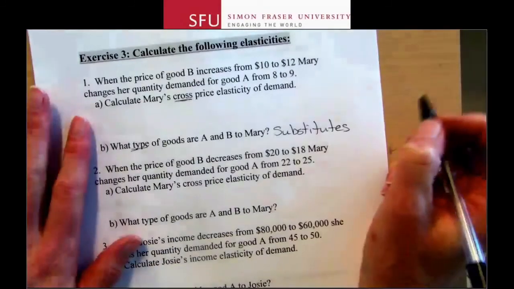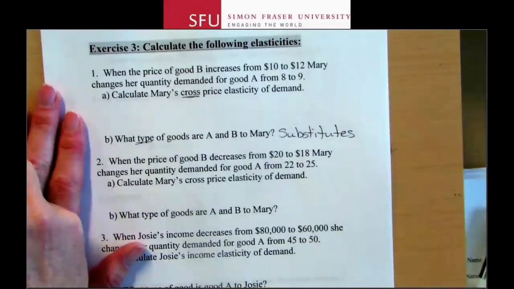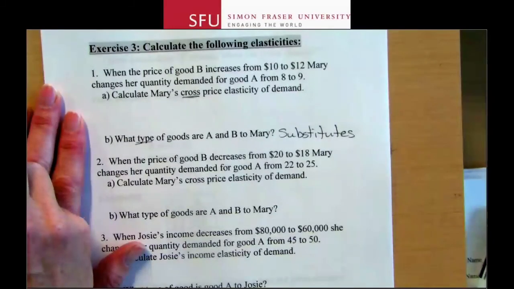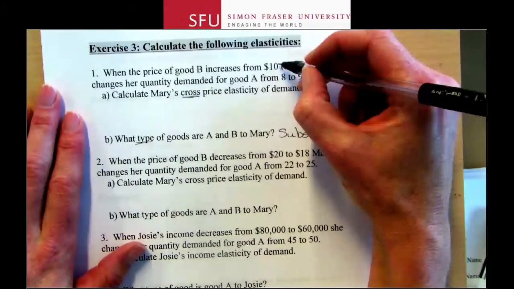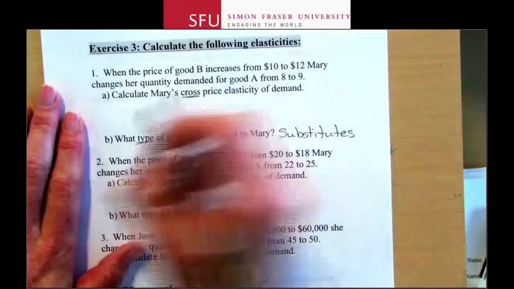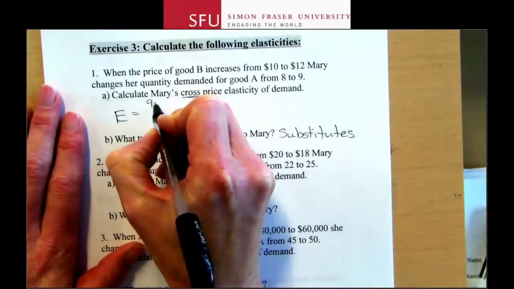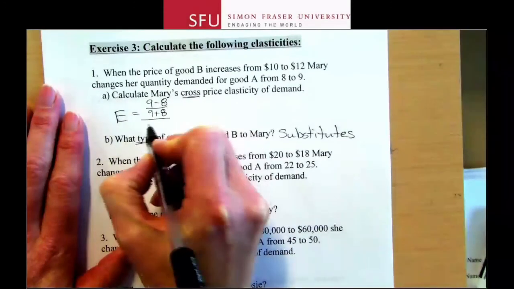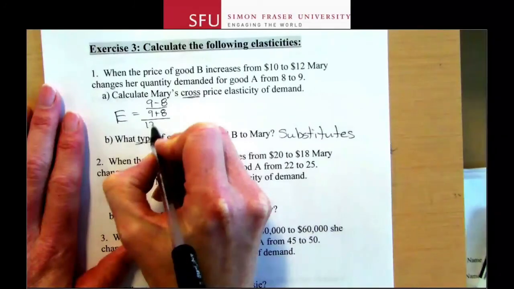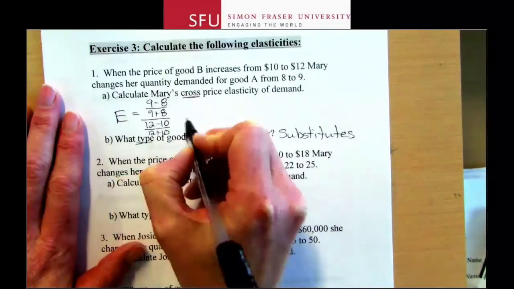So to do the calculation, we do have to be careful with our signs, positive, negative signs. When we did price elasticity of demand, you're just leaving them all off anyway, so it didn't really matter. But now it will matter. Okay, so this will be P2, P1, Q2, Q1. Okay, so elasticity. All right, so Q2 is 9, 9 minus 8 over 9 plus 8. P2 is 12, so 12 minus 10 over 12 plus 10.